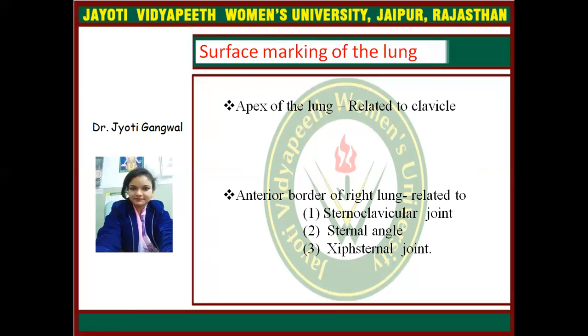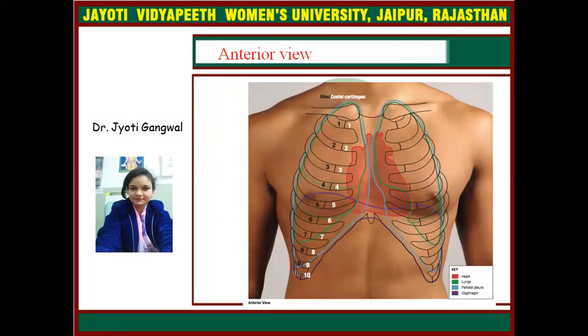The apex of the lung coincides with the cervical pleura, which we talked about in the previous lecture, and is represented by a line convex upward, rising 2.5 centimeter above the medial contour of the clavicle.